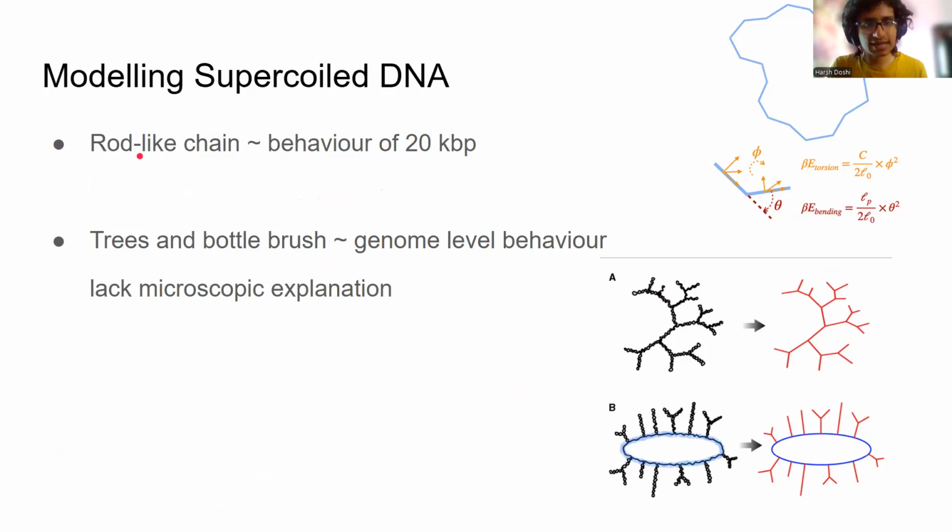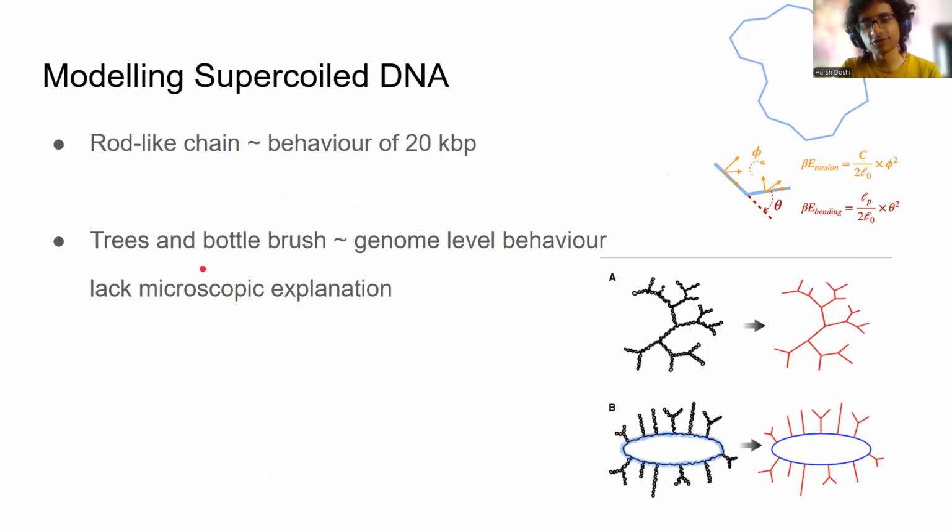However, these types of models are restricted in that they can only predict behavior of stretches of the chromosome that are roughly 20 kilobase pairs long at maximum, which is lower than two orders of the total chromosomal length. This is because of the computational costs associated with simulating these kinds of models.